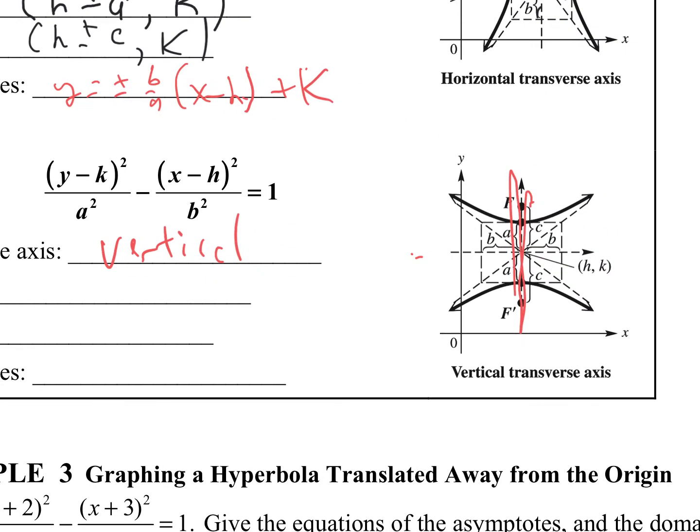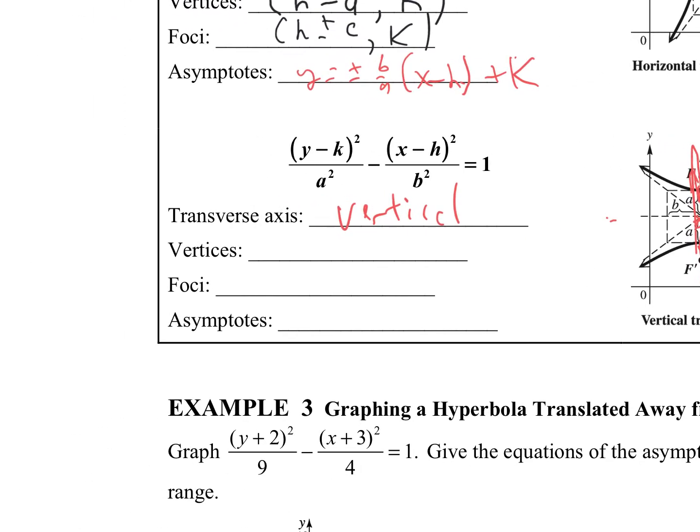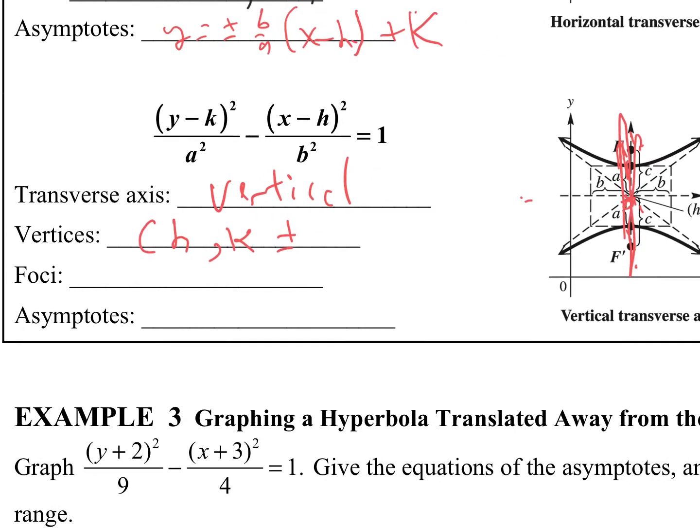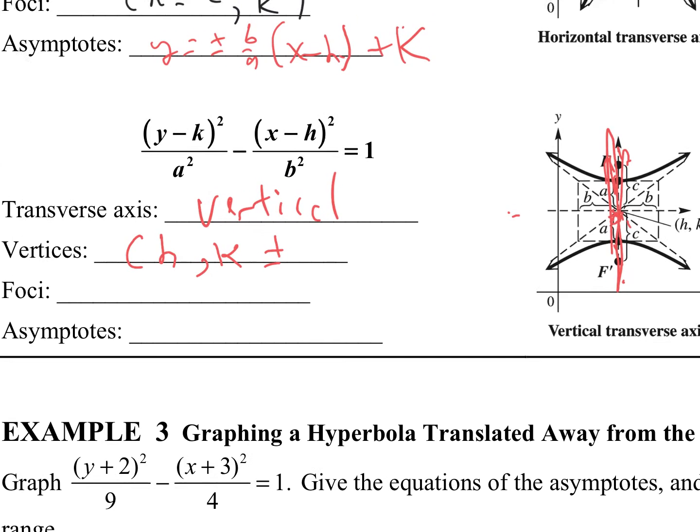Vertices are now, the H is locked in, but the K is being used from the center. But whatever H is, you lock it in for all three of these.